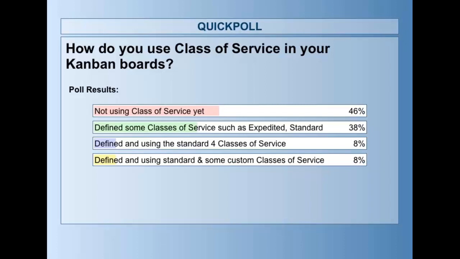So this is pretty standard, and as we discussed just now, as you define the classes of service and use them in a judicious way, you not only have an optimal capacity utilization of the team overall, but also use spare capacity when available to take care of things that are important but not necessarily urgent.